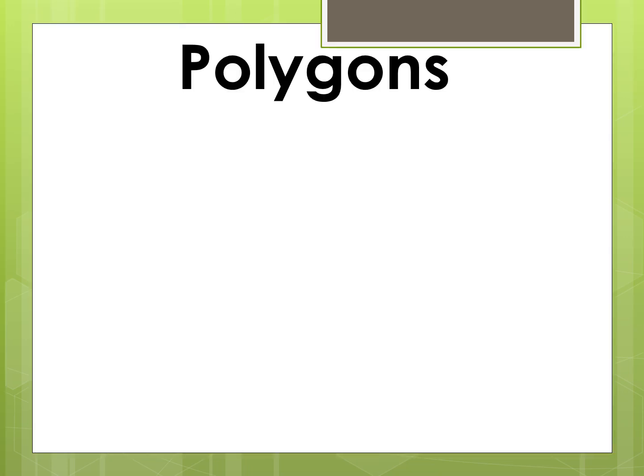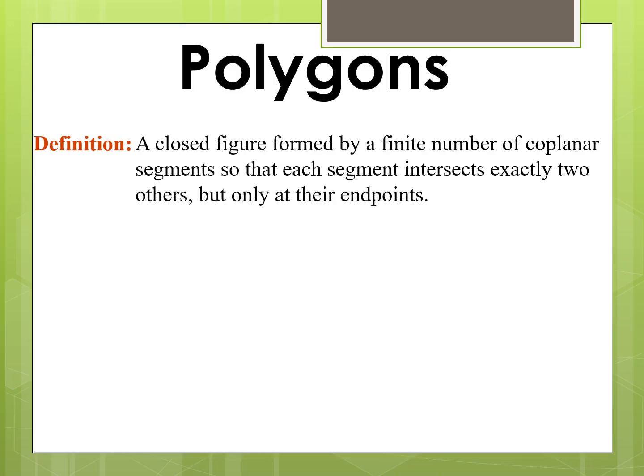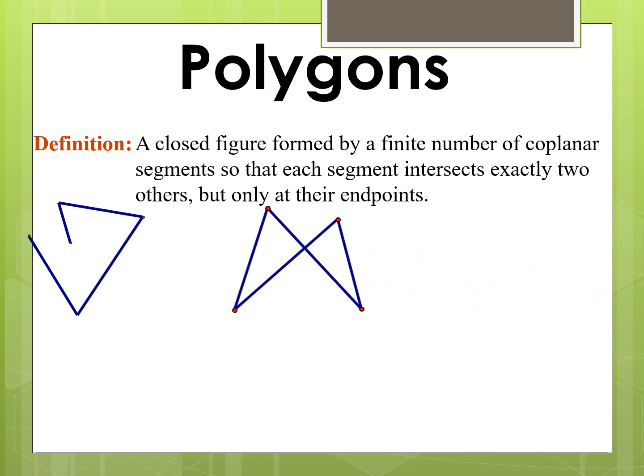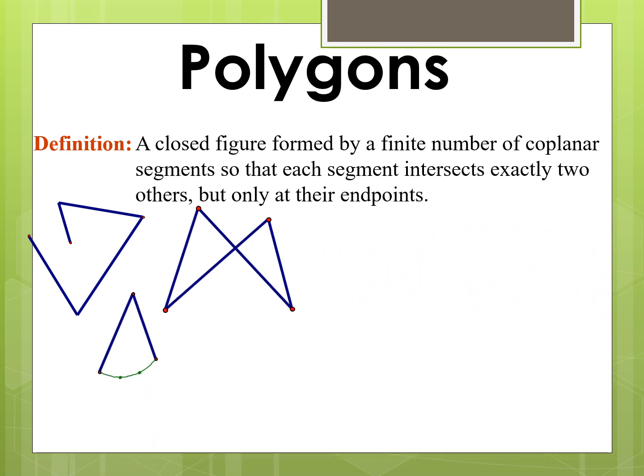Now, when we talk about a polygon, its definition is a closed figure formed by a finite number of coplanar segments, so that each segment intersects exactly two others, but only at their endpoints. So we have this figure, and another figure.